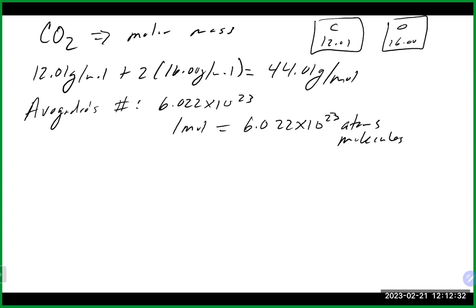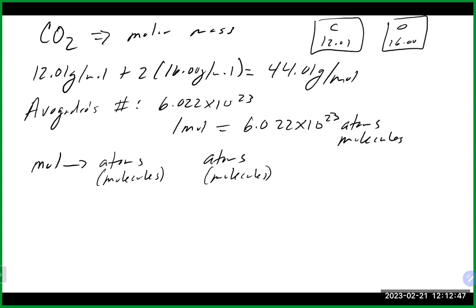We use Avogadro's number to go from moles to atoms or molecules, and backwards, if you have atoms or molecules, you can get moles. So remember, don't use Avogadro's number in any other situation. If it mentions atoms or molecules, then you should use it. If there's no mention of atoms or molecules, then you do not need to use it. Any question on that?